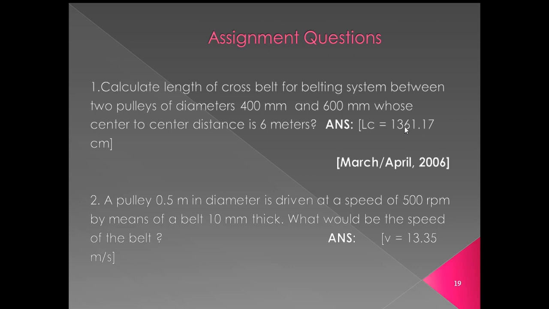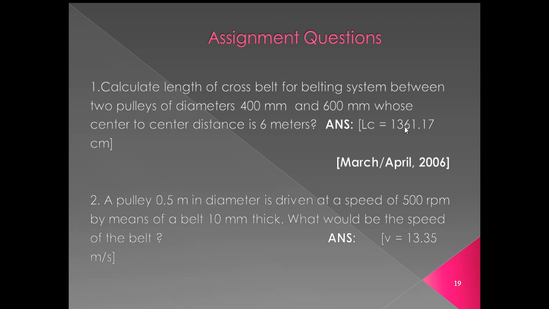So the second question is: a pulley 0.5 meter in diameter is driven at a speed of 500 rpm by means of a belt 10 mm thick. What would be the speed of the belt? Here the pulley diameter is given, that is 0.5 meters, and the speed of the pulley is 500 rpm.